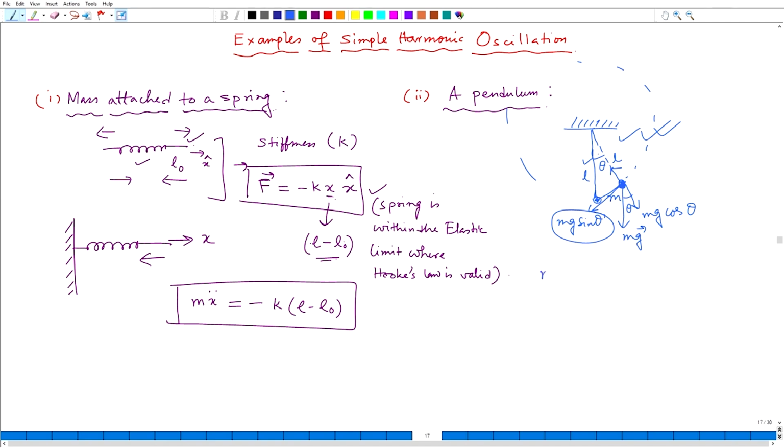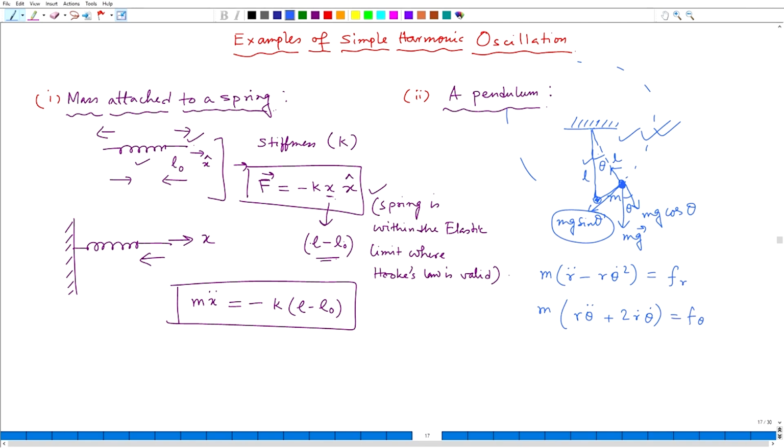and we can again write m r double dot minus r theta dot square equal to the radial component of force, and for the cross-radial component we have m r theta double dot plus 2 r dot theta dot, which gives F theta. Correct. So, what are r and theta?